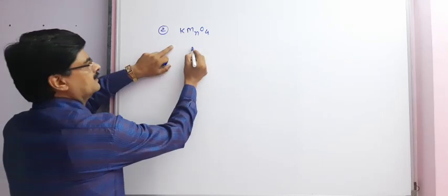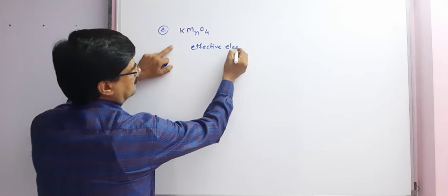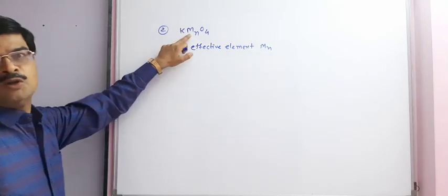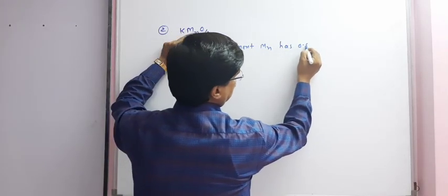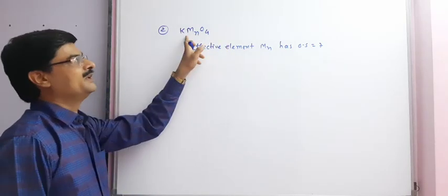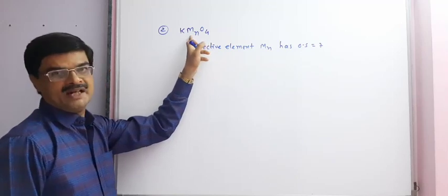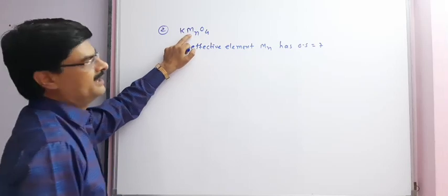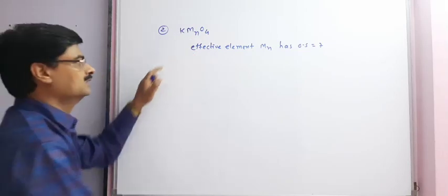the effective element Mn has oxidation state 7. How 7? In my previous lecture, I had told about this, but once more let us understand how to find the oxidation state of Mn in KMnO4.